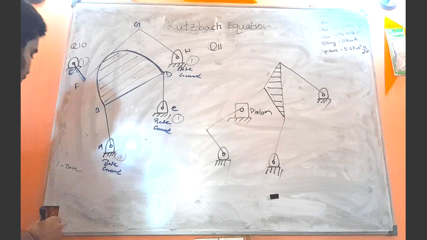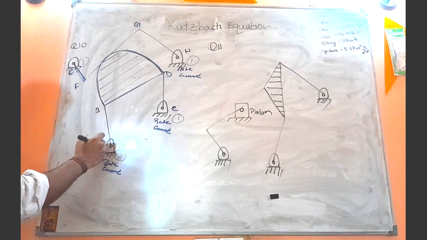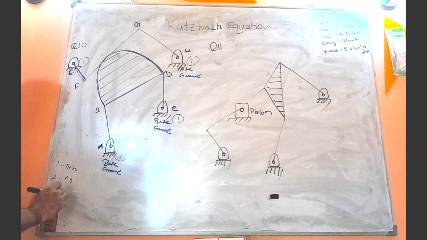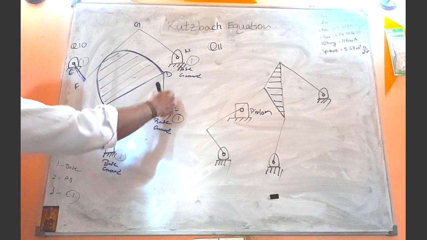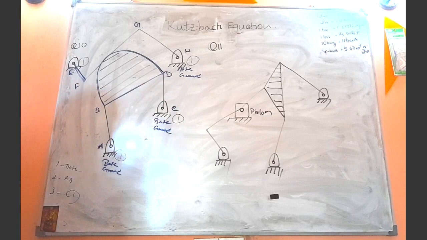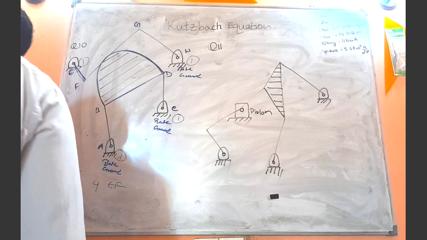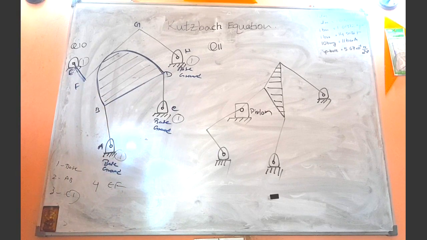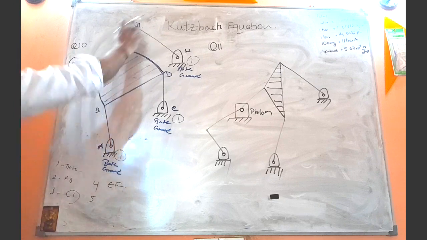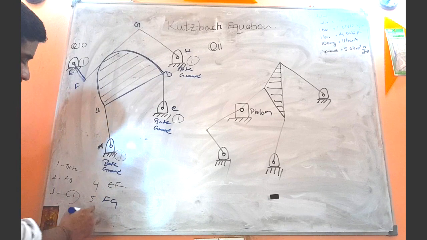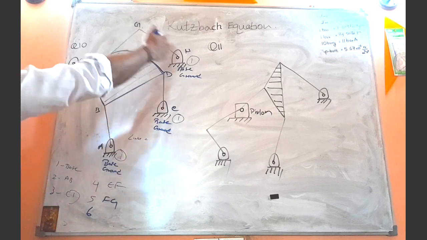Then the second one is the link AB. The third one is the link CD. The fourth one is the link EF, and the fifth one is the link FG. The sixth one is the link GH, right?